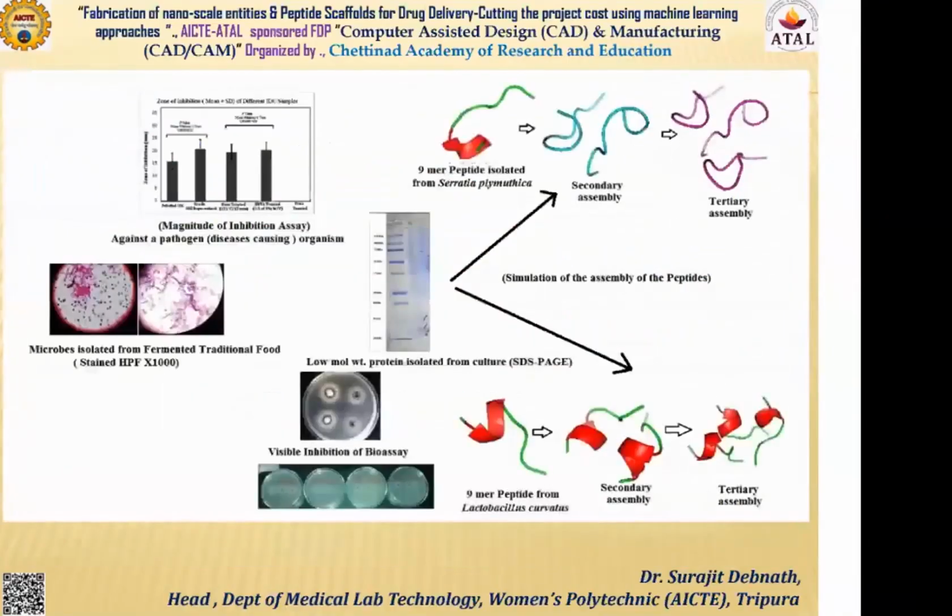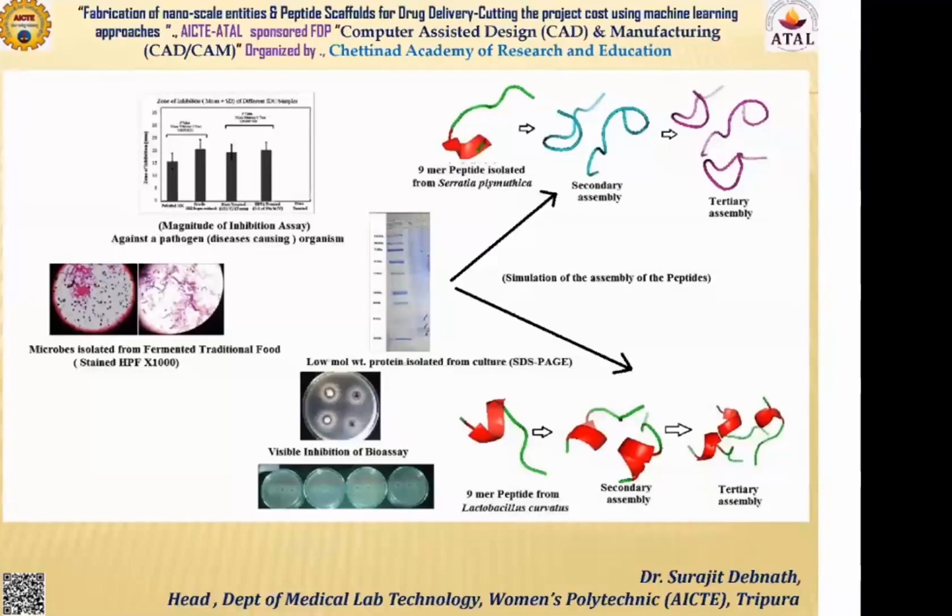So this is just a sharing of my experience while doing this, so that other researchers, even students, can think of this kind of thing in order to do their high-end research. This was our study where from a microbial source, we identified a protein.